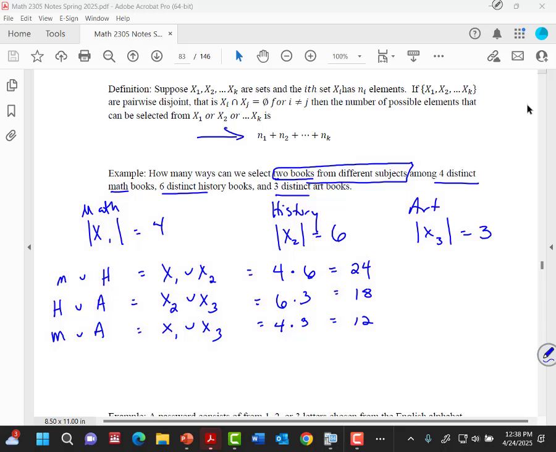Now, what our definition says is that I wish to add all of these right here. So if we go 24 plus 18 plus 12, I get a total of 54, meaning there are 54 different ways that I can select 2 books, and those 2 books will be from different subjects.